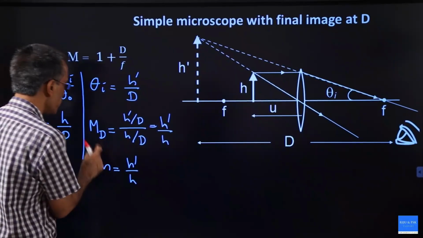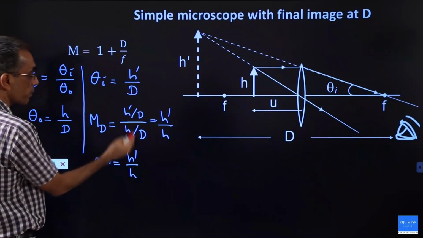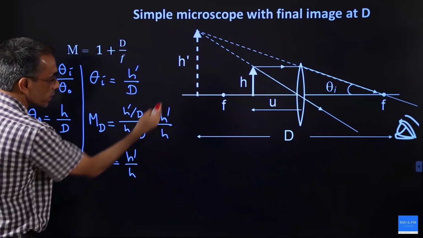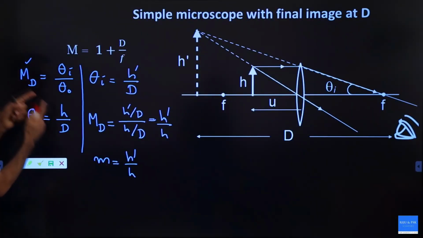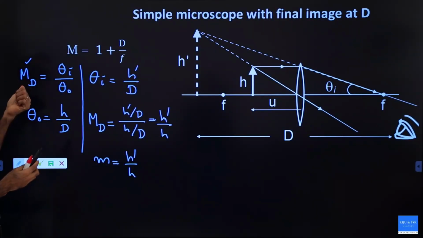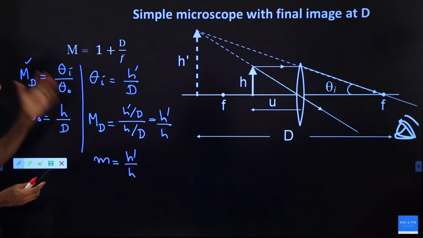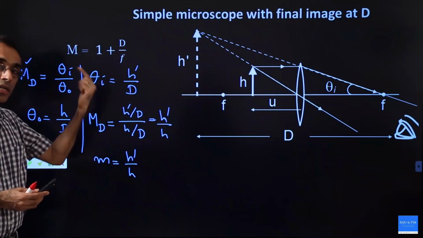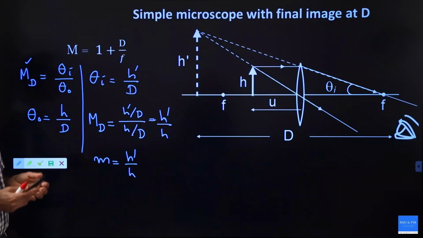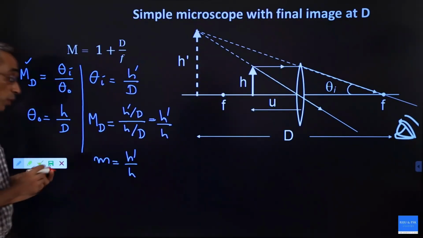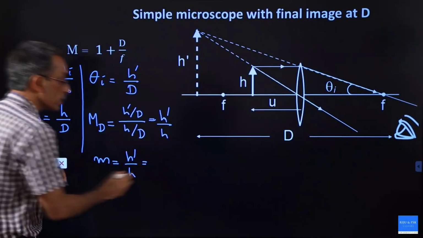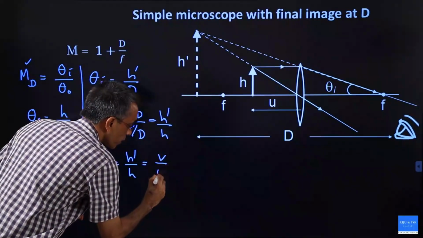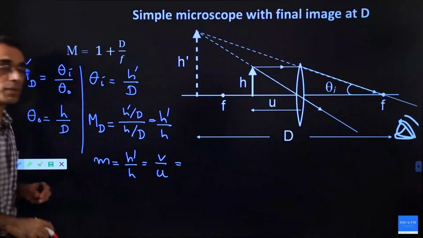When it is h dash by d, what is M at D? M at D is theta I by theta O. The d cancels, and we get h dash by h. But h dash by h is m. See, this capital M and small m are different. This is angular magnification, and this is the vertical magnification which we did in mirror and lens, h dash by h. And for a lens, this is given by v by u.